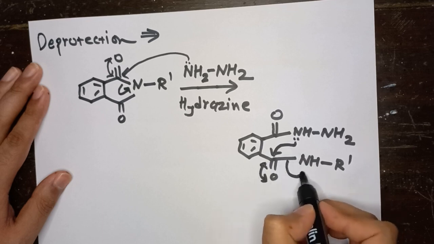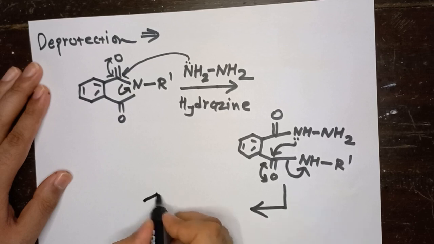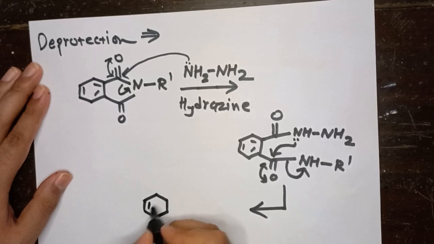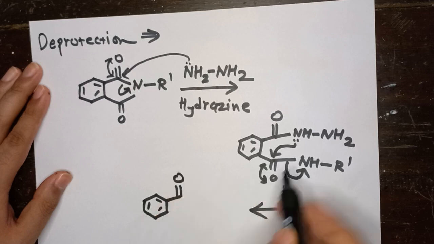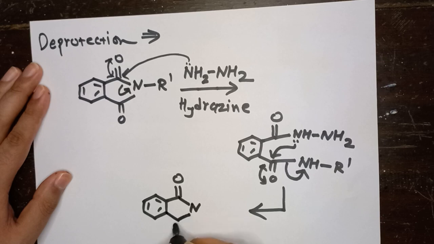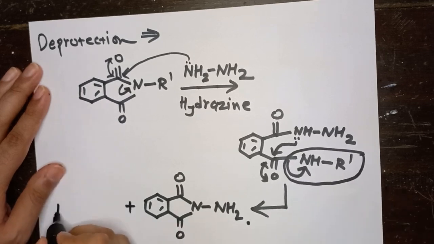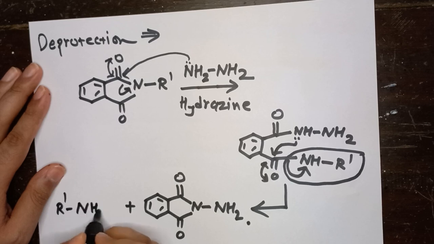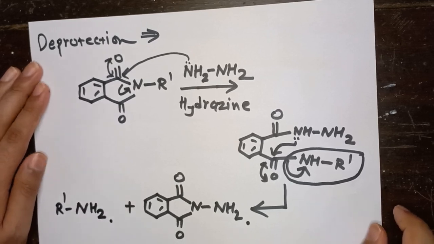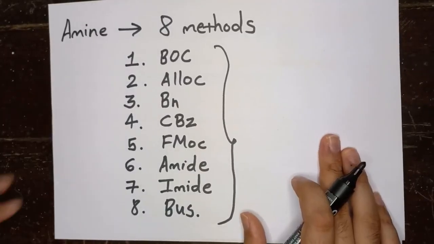Through conjugation, this whole group is going to leave, and now you have generated C double bond O. This is getting cyclized through here. We have N C double bond O. This N is bonded to NH2. So this is the byproduct, and the main product we have taken out is R dash NH2. So this is about deprotection of the imide group.